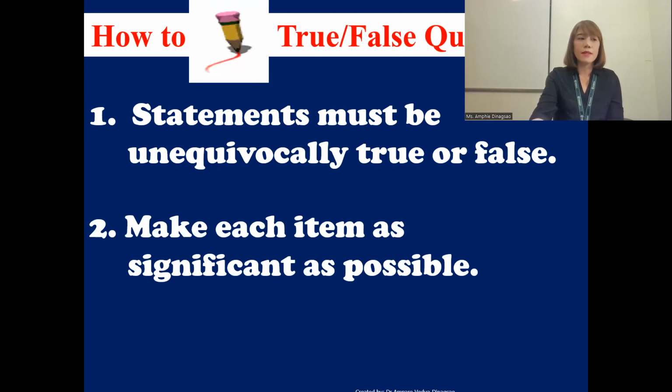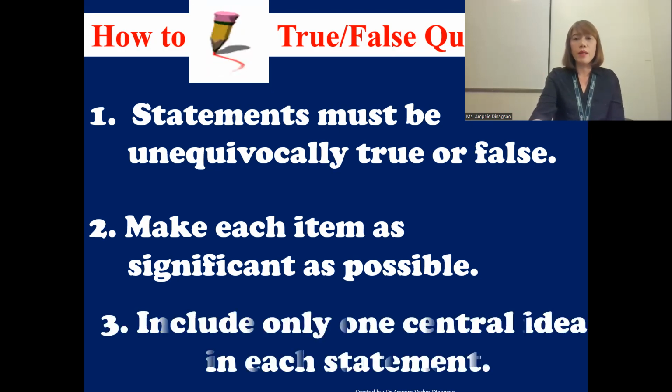If it's just a trivial question, you may not want to include it in your true or false, like asking for the birth year of a famous, let's say, theorist or inventor, what year this person was born.